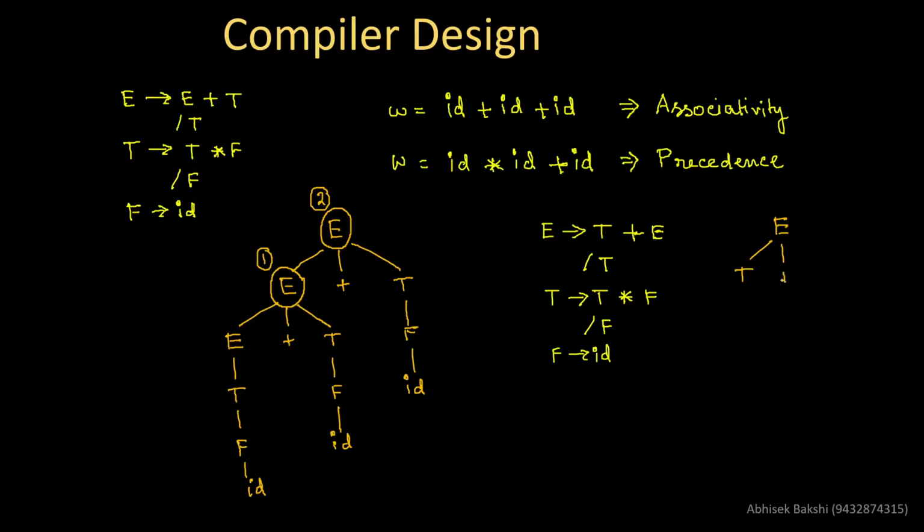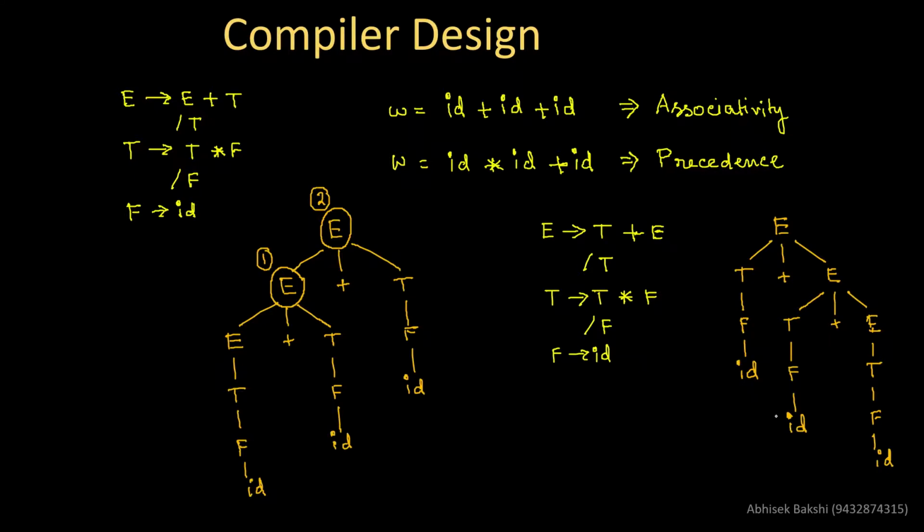Like T plus E, then it is again T plus E, then I will write this E as T, this T as F, this F as id, this T as F, this F as id, this T as F, F as id. Now you see, it's just a mirror image. I can understand, and I hope you can understand also.